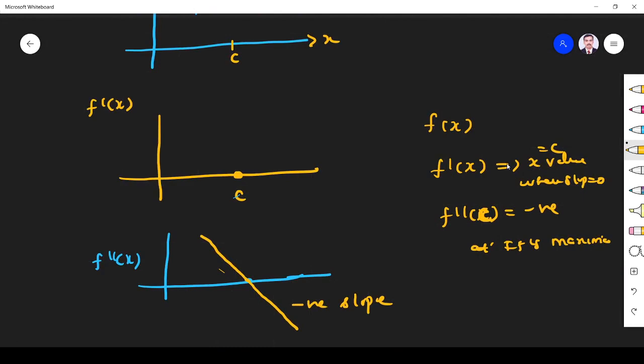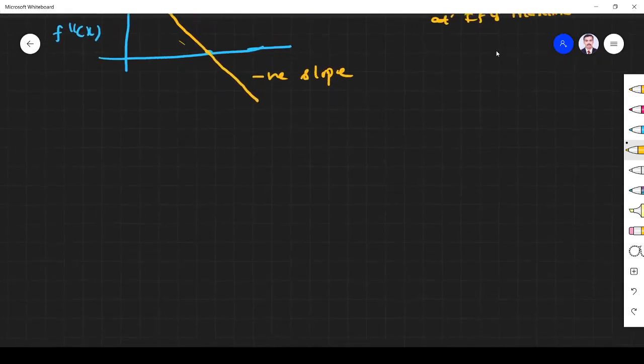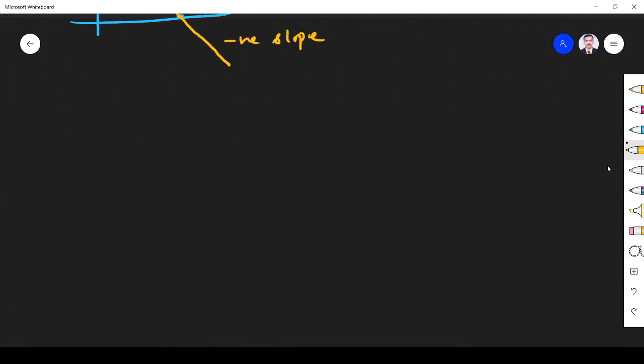At the point where the slope is 0, substitute that point in the second derivative. At this point, if the second derivative gives a negative value, then it indicates it is a maximum. Let us see another example. Take this, this is a point of minima.